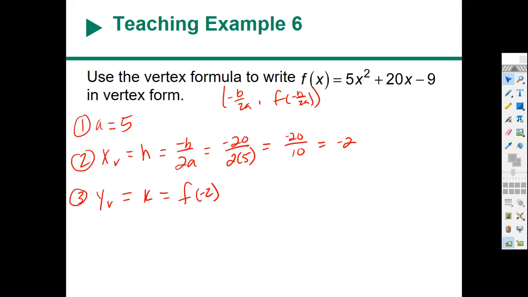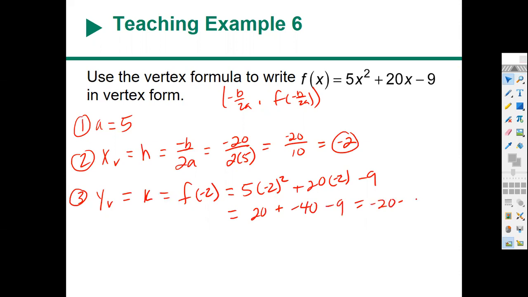So what do we get in step 2? Negative 2. So we're substituting negative 2 in. That gives us 5 times negative 2 squared plus 20 times negative 2 minus 9. That's going to give us 5 times 4 is 20. 20 times negative 2 is negative 40 minus 9. I have negative 20 minus 9, which equals negative 29.